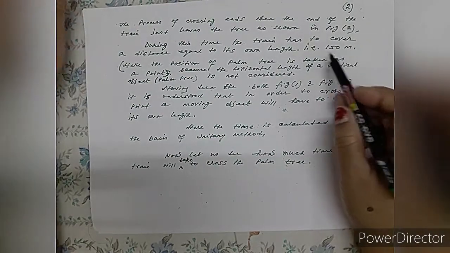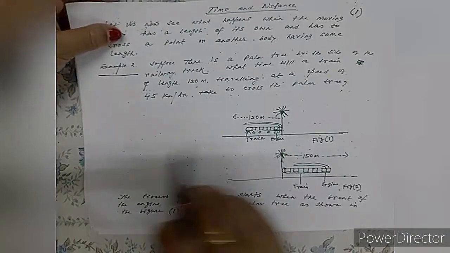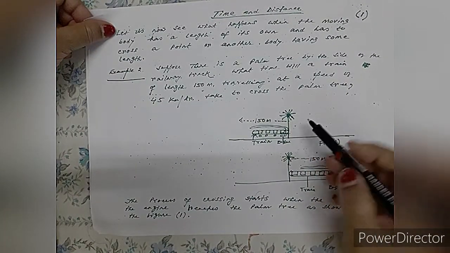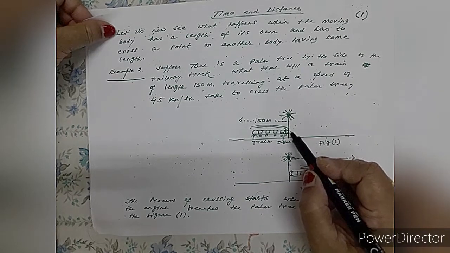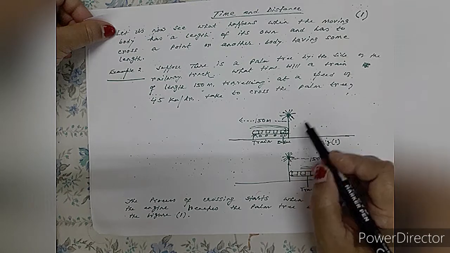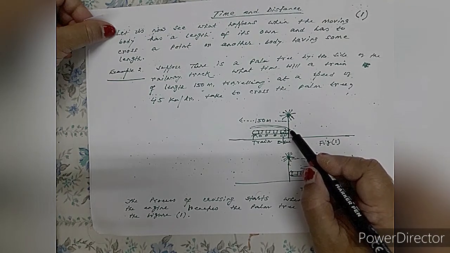Now the question arises, why 150 meter? Because the palm tree is a vertical object. As it is a vertical object, the vertical length is shown, but the horizontal length cannot be noticed.